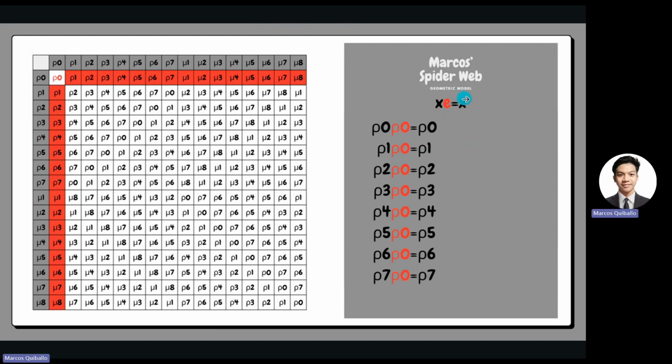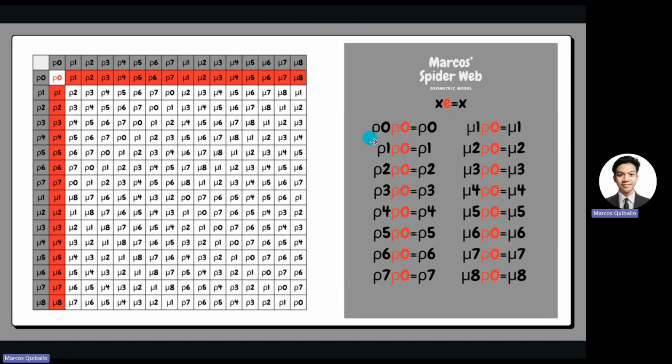So by applying this general formula, we will see that row 0 is the actual identity element of our table. So our identity element is row 0.